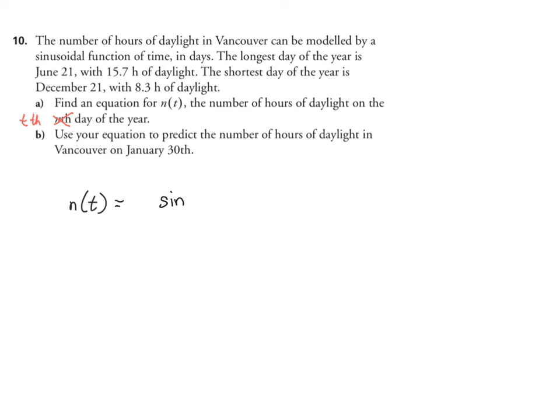All right, we're going to have to find the amplitude. So the highest is 15.7 right here, and the lowest is 8.3. So that has a difference of 7.4 total, which means the amplitude is half of that.